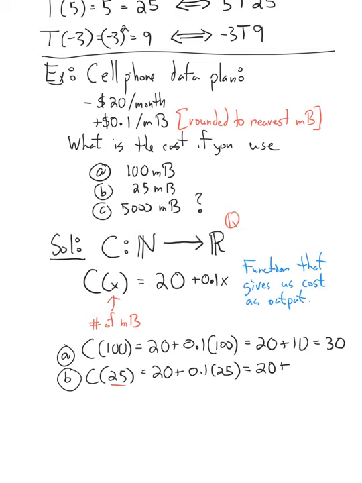This 25 is the same as this 25. This 100 is the same as this 100. Just like this x is the same as that x. Whatever goes in, that's where you put it. And then 0.1 times 25, this is what I was doing a little too quickly, is 2.5. So our final cost is $22.50.